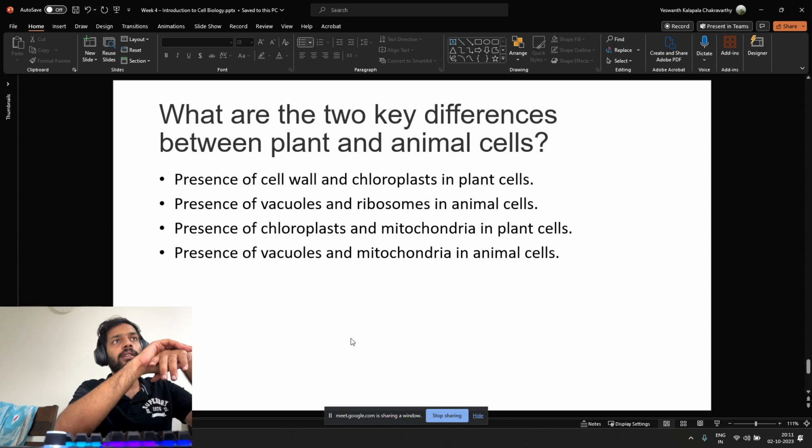Okay. What are the two key differences between plant and animal cells? Presence of cell wall and chloroplast in plant cells, presence of vacuoles and ribosomes in animal cells, presence of chloroplasts and mitochondria in plant cells, presence of vacuoles and mitochondria in animal cells. What do you guys think?